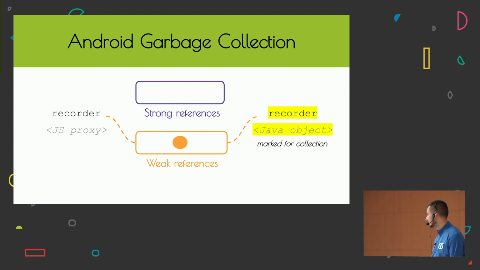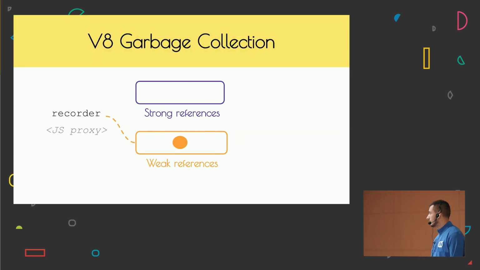So in our case, we now have a weak reference, and Android could reclaim the memory. When the next V8 garbage collection occurs, we see that there is no value next to the weak reference after the finalizer has been triggered, and we could tell V8 to safely remove the object.